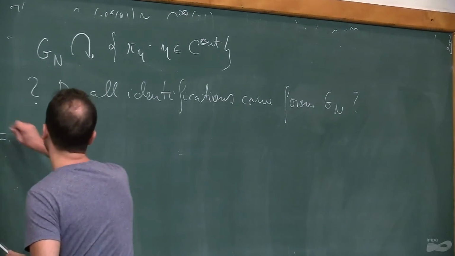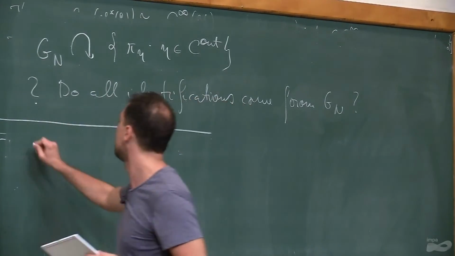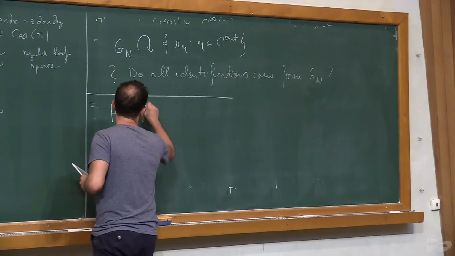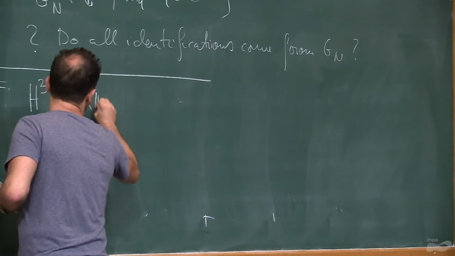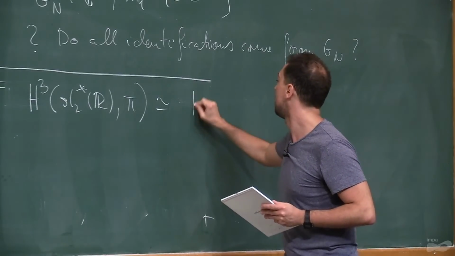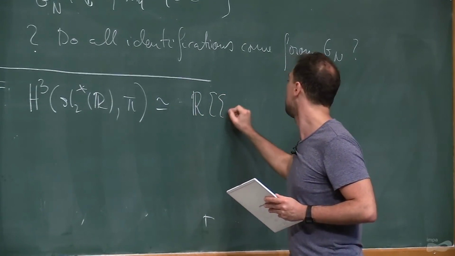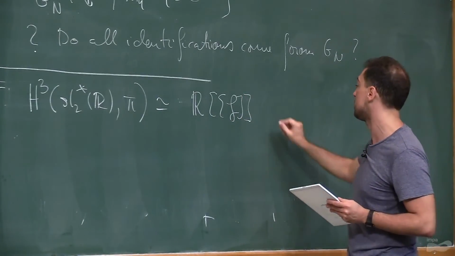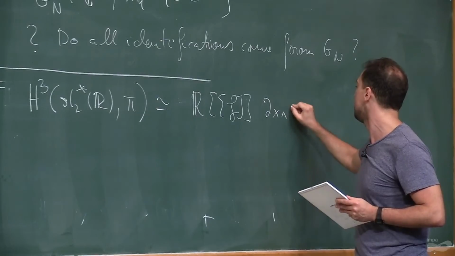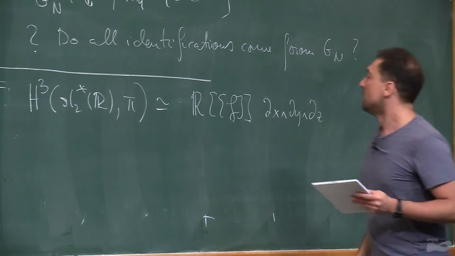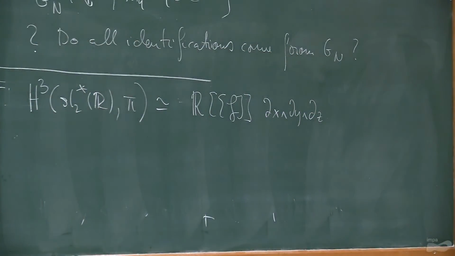And finally, I'll tell you also what H3 is, which is not very interesting, or I don't really understand what it means geometrically. These are formal power series in one variable, which I'll denote by f, times our standard Casimir, dx, dy, wedge dz. Right, so what happened?